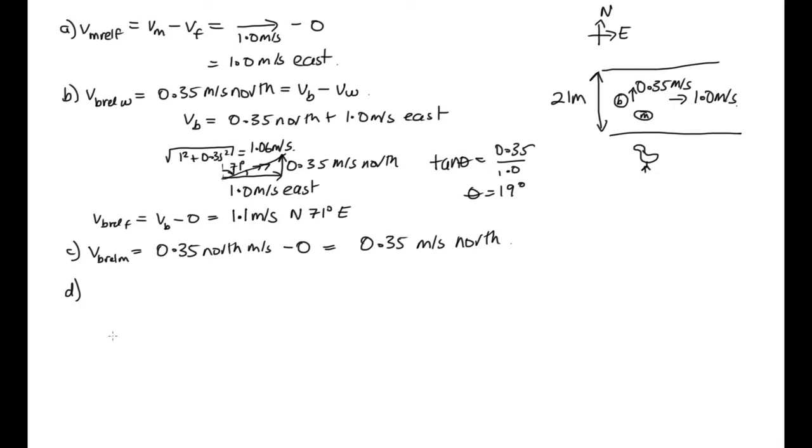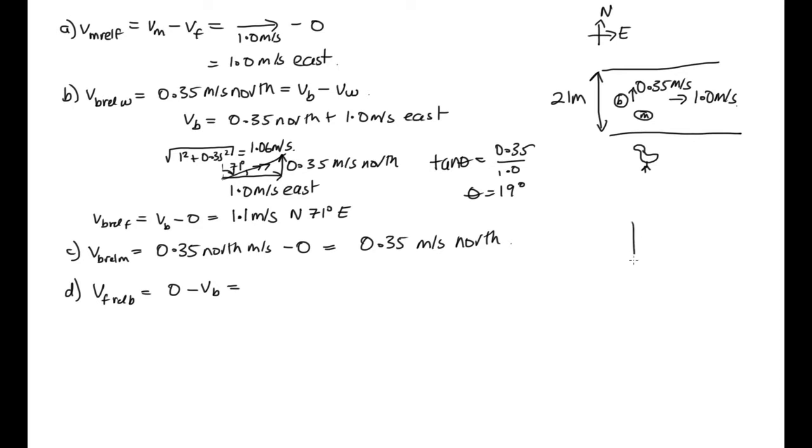Now, part D says, what is the velocity of the father relative to the babies? So this is just the opposite of what we did in B. So now we need the velocity of the father relative to the babies. And so that's 0 minus the velocities of the babies, where we've got the velocities of the babies here relative to the bank. And so that is just the opposite of this.